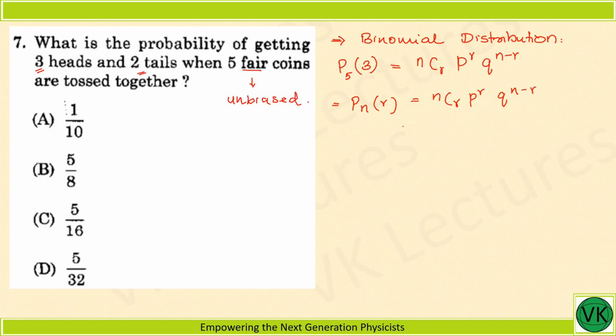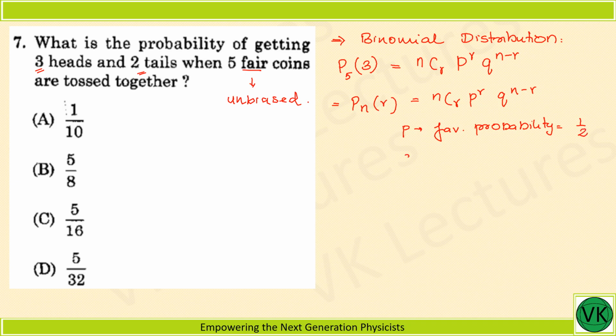Now p is the favorable probability. What is the probability of what we require, heads? That is 1 by 2. Out of one coin it can be either head or tail.